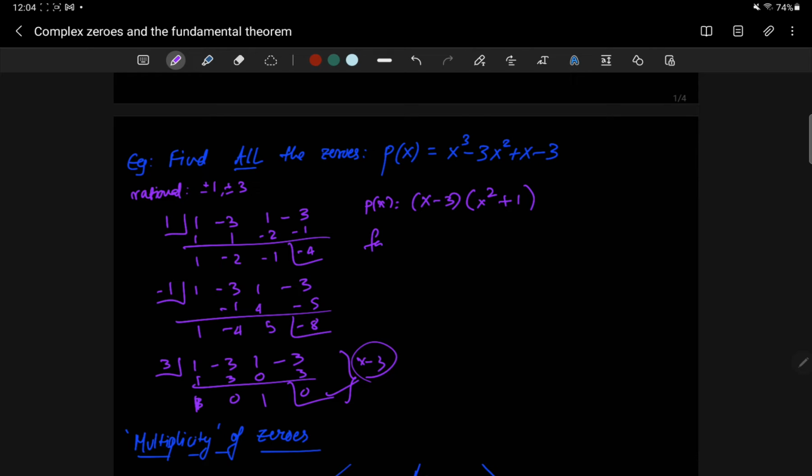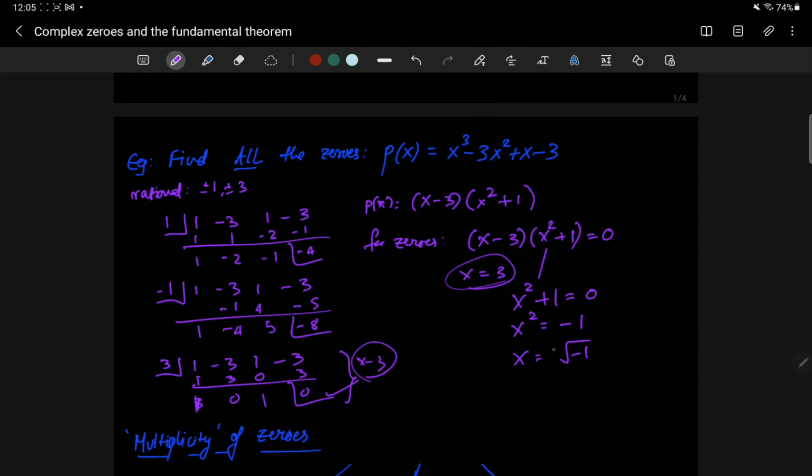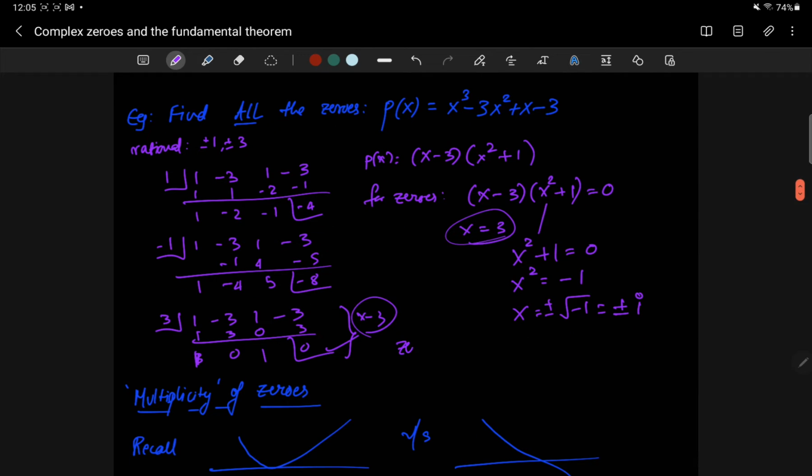Now for zeros, I'm going to set this equal to 0. The first one gives me x equals 3, no surprise. The second one gives me x squared plus 1 is 0, or x squared is negative 1, so x is plus or minus the square root of negative 1, plus or minus i. So the zeros are at 3, plus i and negative i.